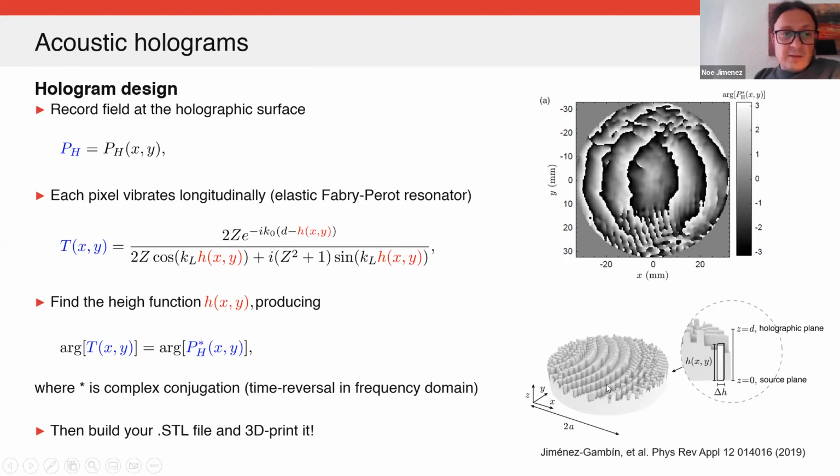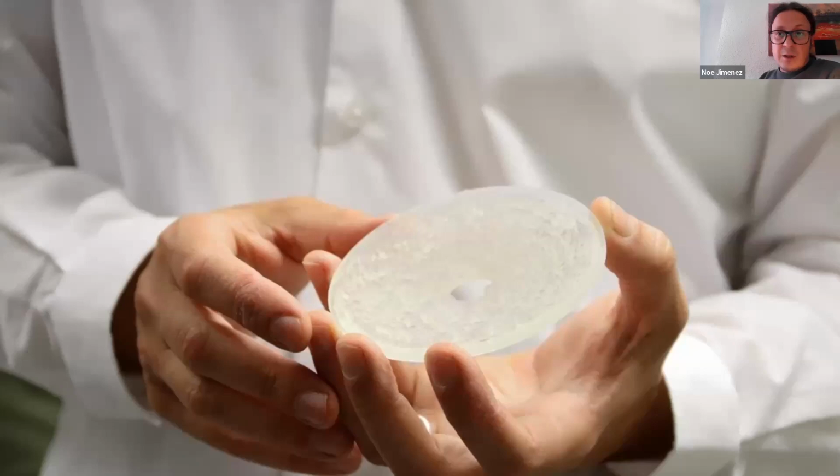In order to do that, we just use an in-vivo method to know the height of each elastic resonator. It's just a slab of elastic material to match the phases of the transmission at the holographic plane. Once you have this information, you just build your STL and then you 3D print it and you can do the treatment.